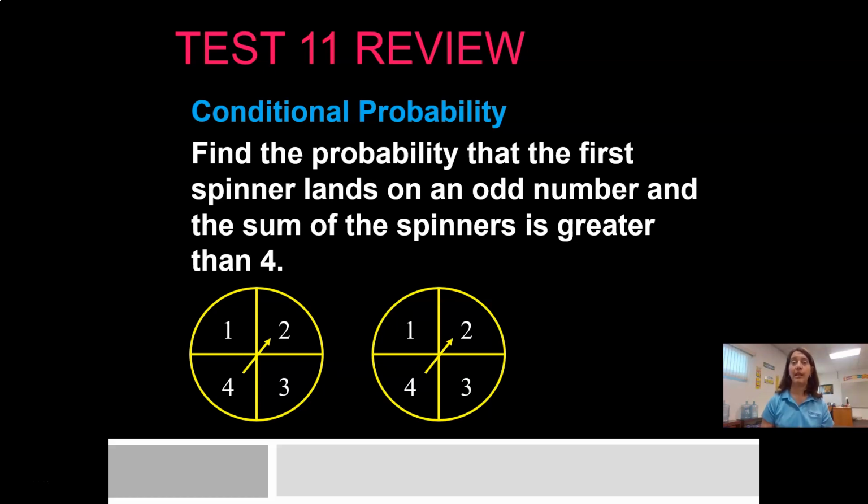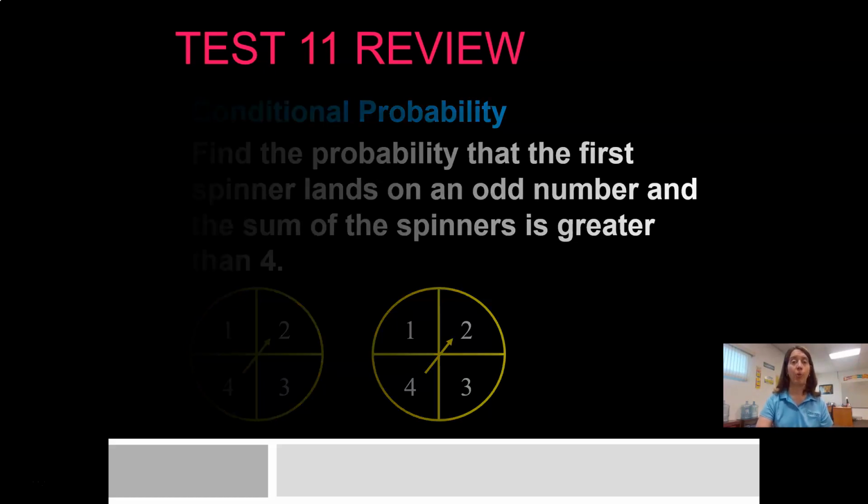What is the first thing that's supposed to happen on this question? I need to land on an odd number. What are the odd numbers that I have in my first spinner? The numbers 1 and 3. The second spinner can land on anything, so we're going to list out all of the different options, and we need to keep in mind as we're listing these out, I'm looking for a sum that is bigger than the number 4.